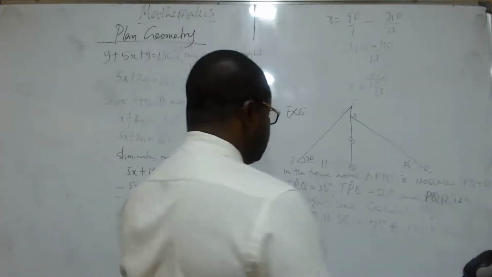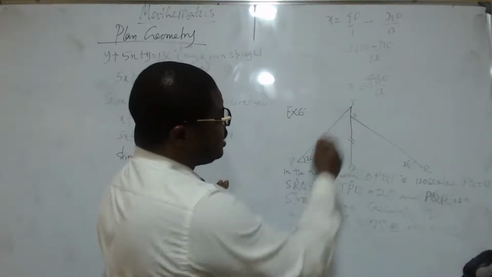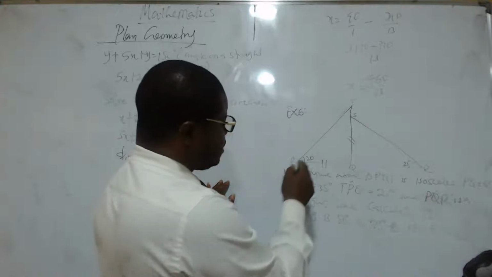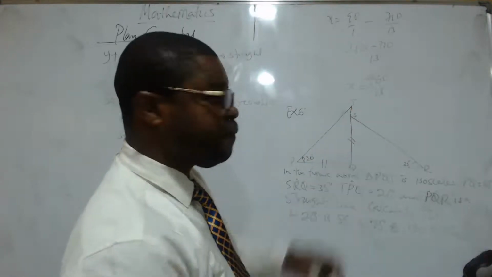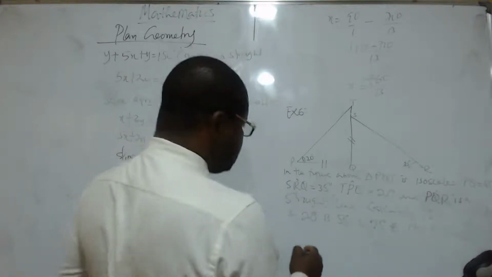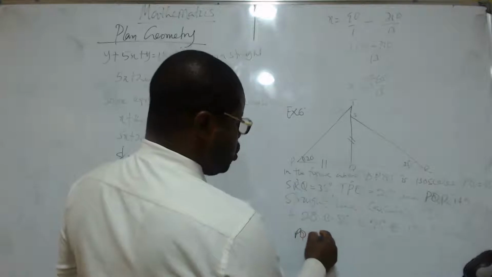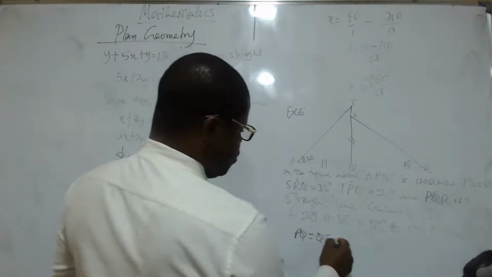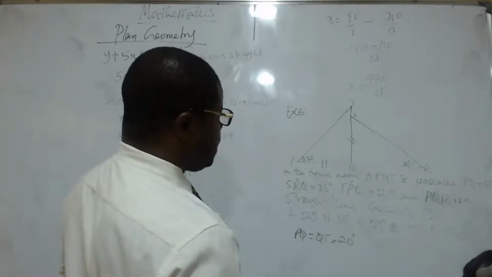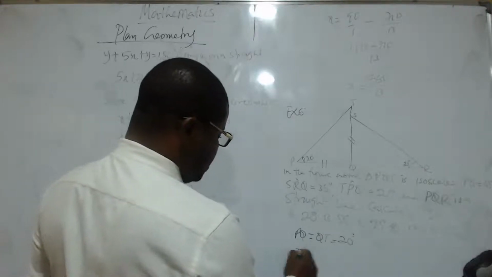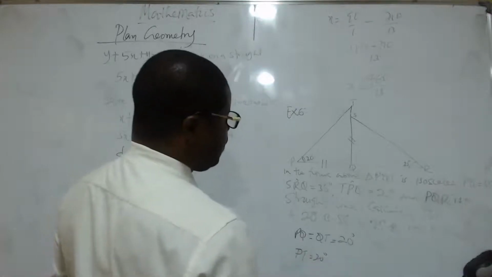Knowing fully well that the triangle is isosceles, that means here is 20, here also will be the same angle. Right? Now, since PQ is equal to QT, which is the same thing as 20 degrees, so that means I have PT, which is 20 degrees.